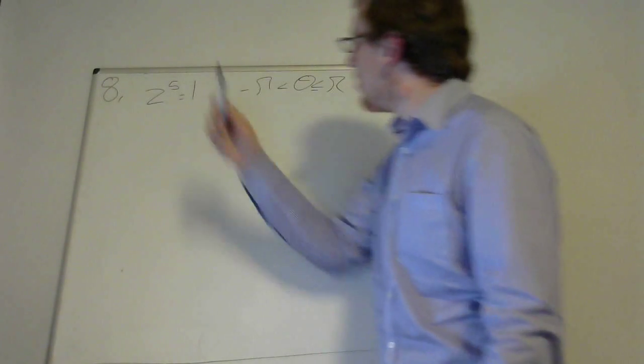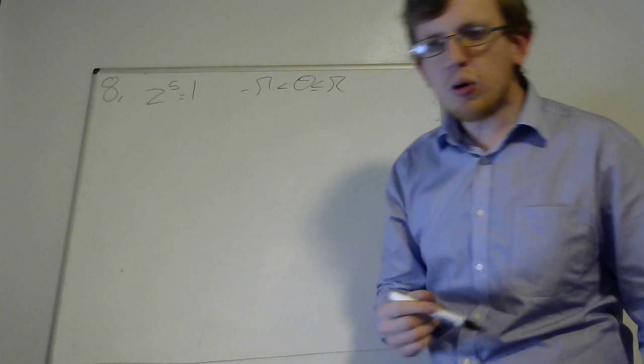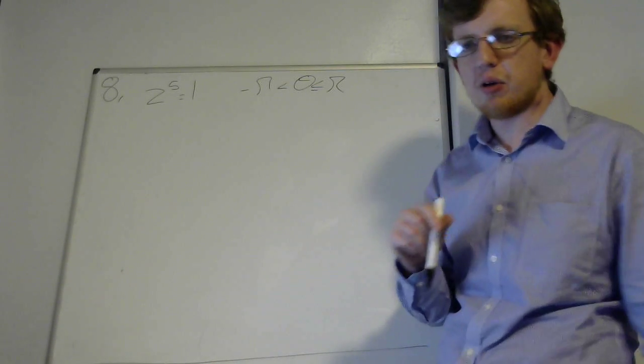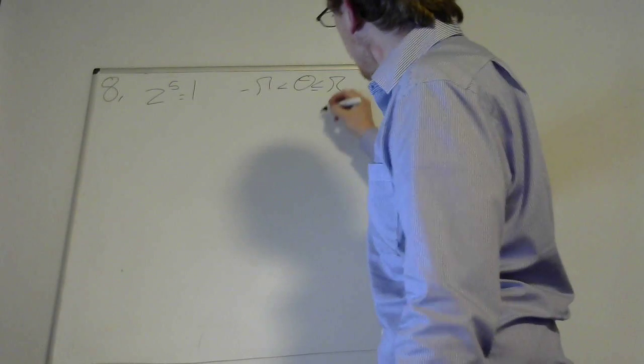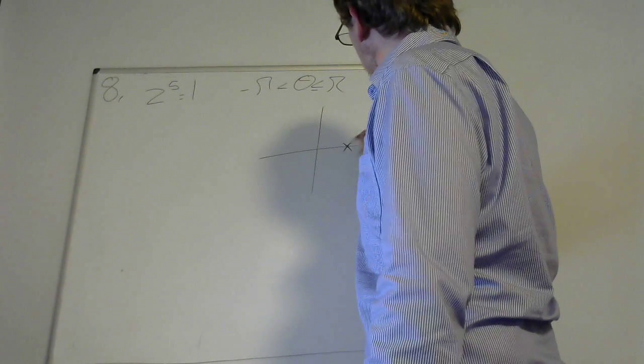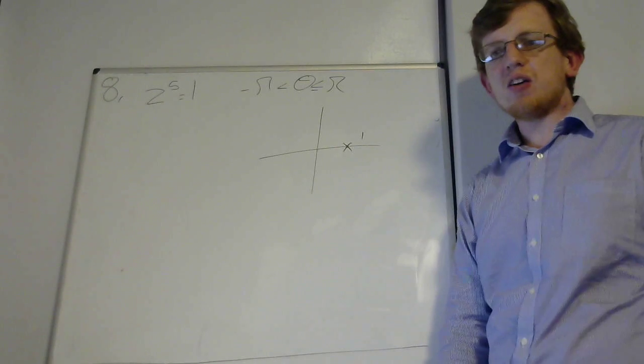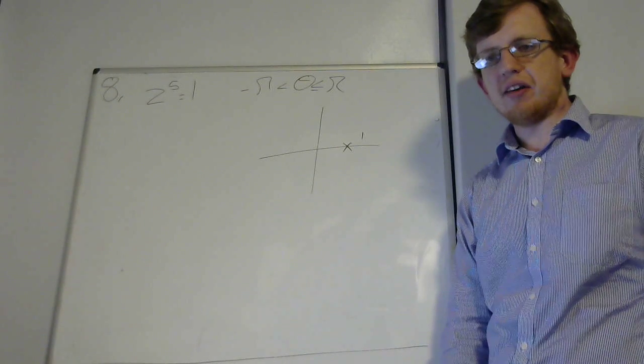Cool, so z to the 5 is equal to 1. What does 1 look like as a complex number? If we write both sides as a complex number, it would probably be easier. Well, on the Argand diagram, 1 is there with no argument and just a modulus of 1.